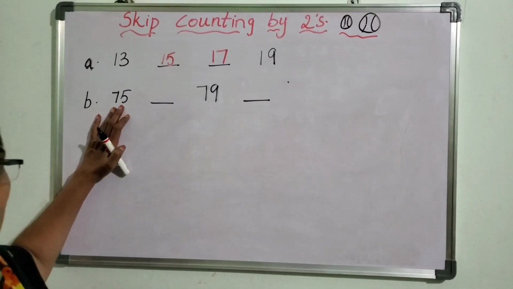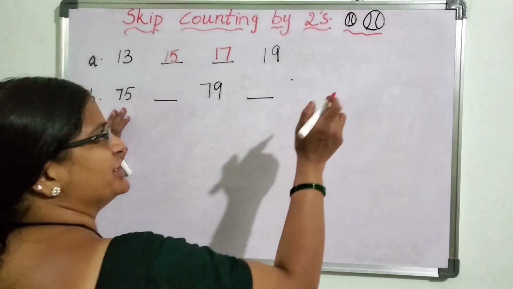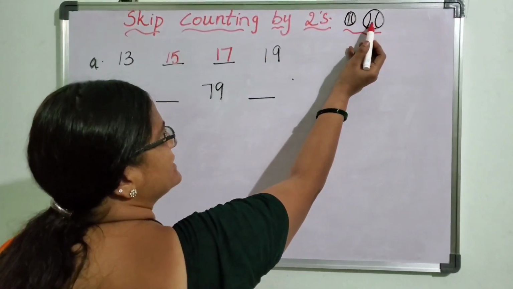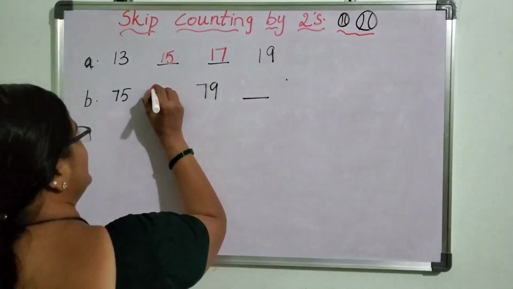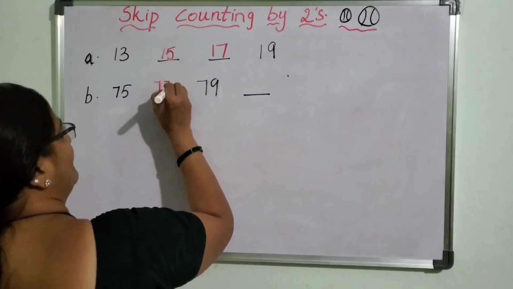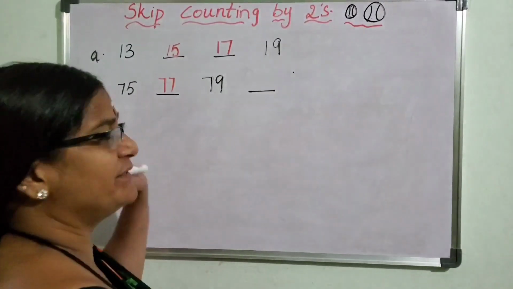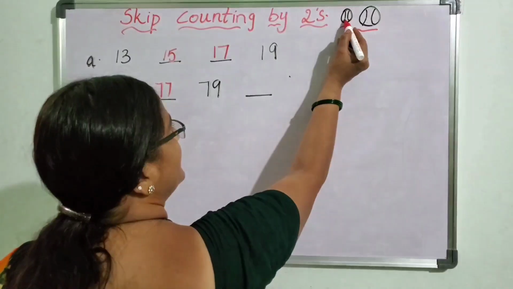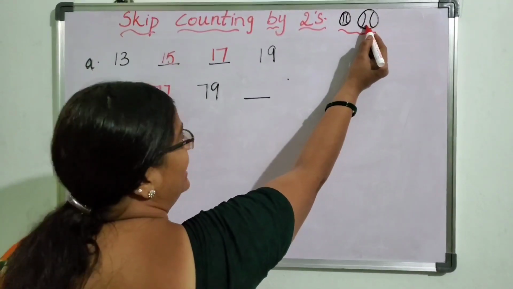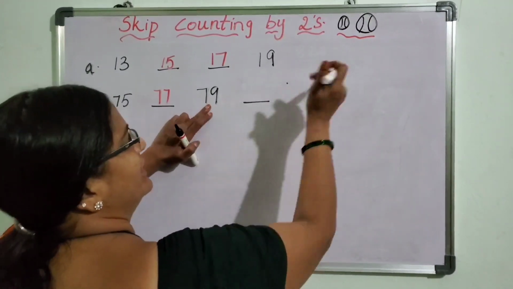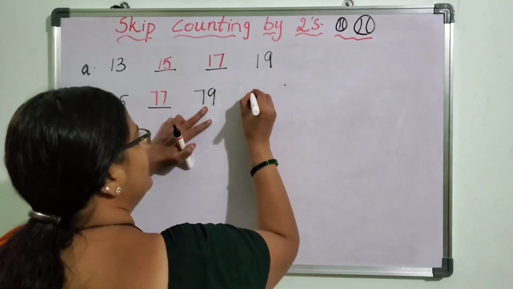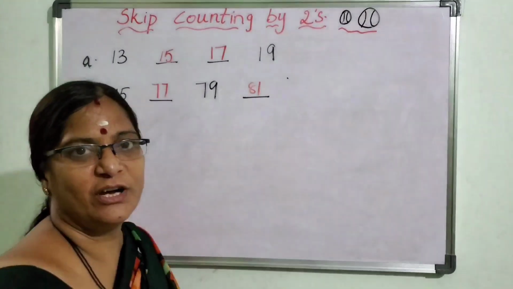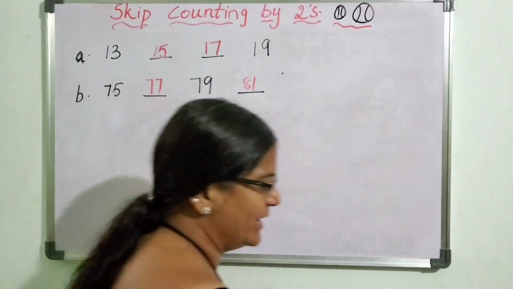Whatever number is there, you don't count that. 75 finished. Now 76, 77. So which number is coming here? 77. Now 77 finished. 78, 79. Now 79 finished. 80, 81. Got it? Yes.